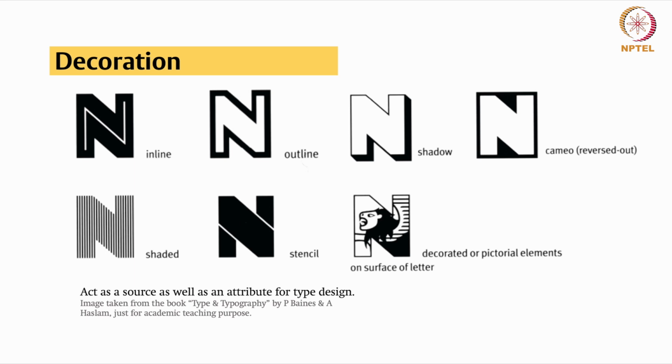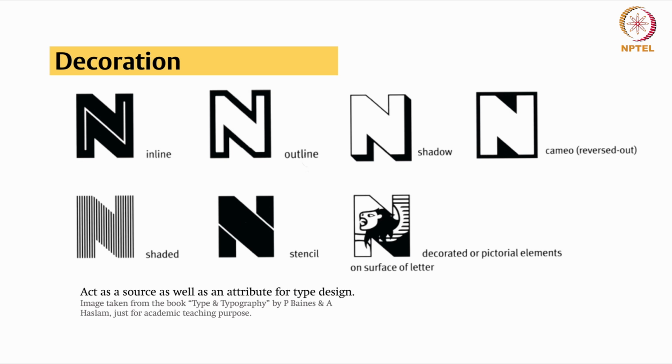Type designers generally use these kinds of treatments to bring out emotions and to make the letters work well with respect to an individual project or requirement. Once you have decoration, it also creates a very powerful impact on the user or viewer who is looking at it.